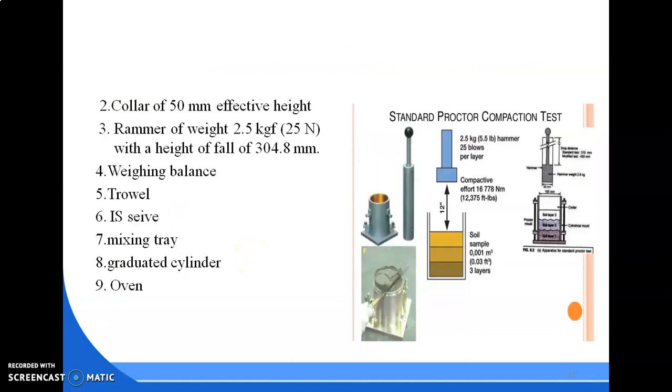Next is a collar of 50 mm effective height, and a rammer of weight 2.5 kgf or 25 Newton with a height of fall of 304.8 mm. Then next are a weighing balance, trowel, IS sieve, mixing tray, graduated cylinder, and oven. So, these are the basic apparatus which we use to complete the practical.